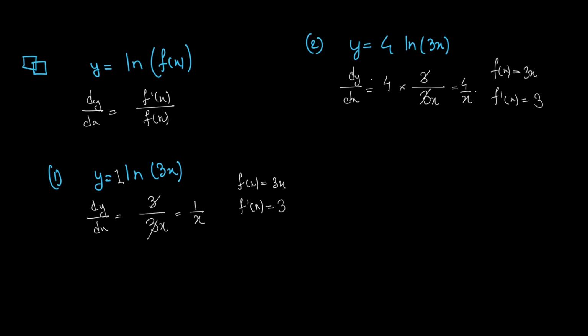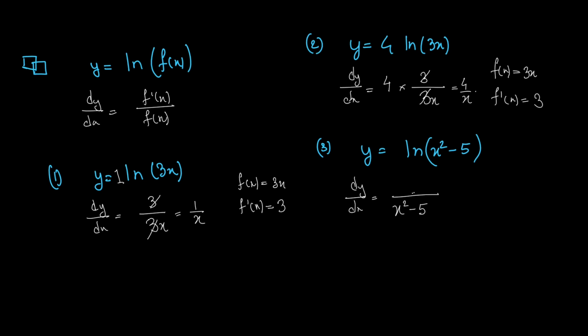Let's look at another example from logarithm. Here we are given y equals ln of x squared minus 5. After differentiating it with respect to x, this expression is within the brackets, so let's write x squared minus 5 on the denominator.